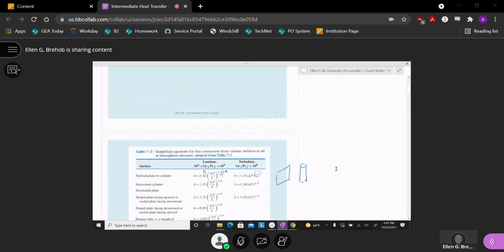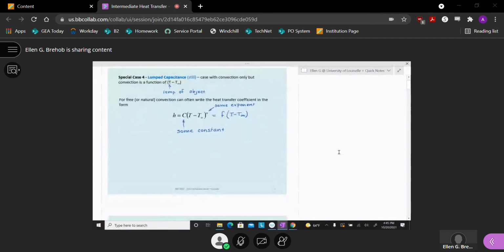Okay, so back to this case. Imagine we have some object, and we're going to say that we have convection leaving. We have no volumetric heat generation, but it's a transient problem, so we've got to keep the storage term.